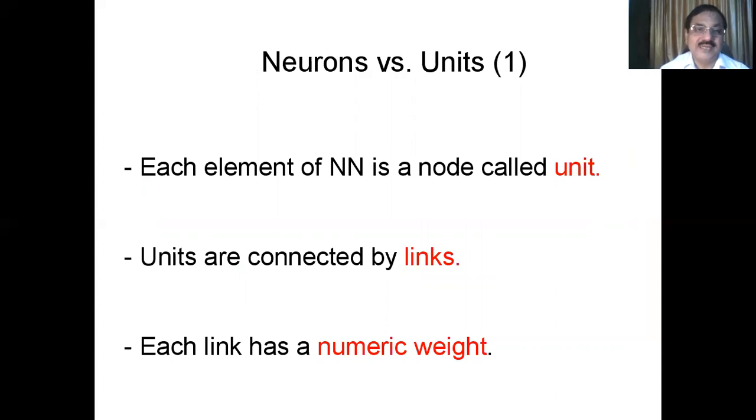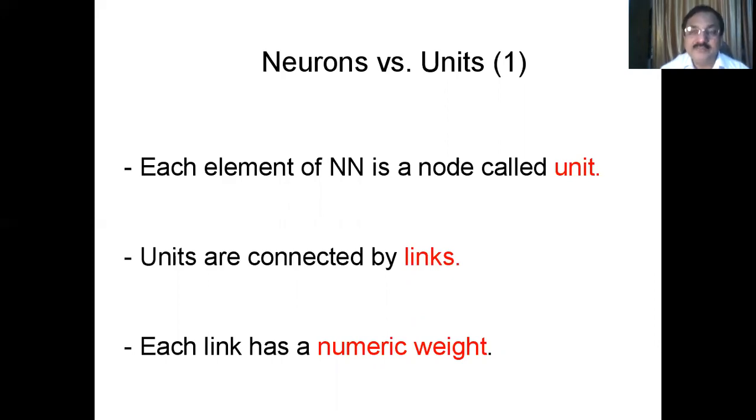In an artificial neural network, each element is a node called a unit. That unit is formed with the combination of various logic gates. Units are connected through links. There are so many links, which will be clear later in this picture. Each link has a numerical weight.